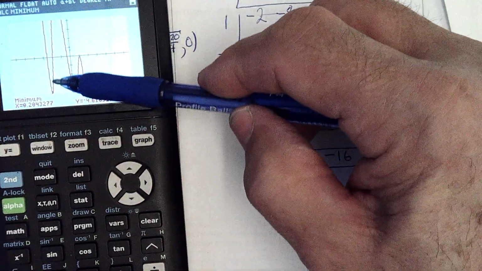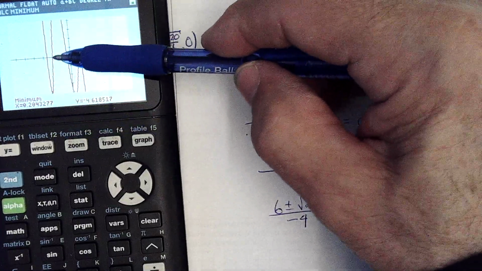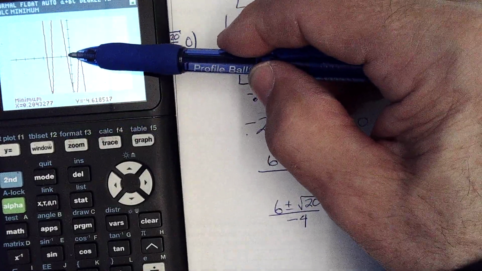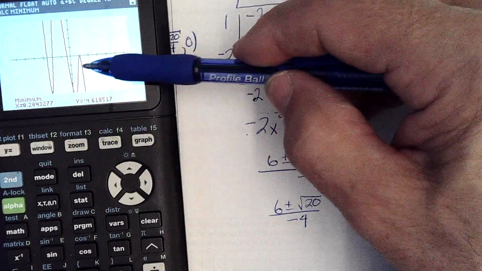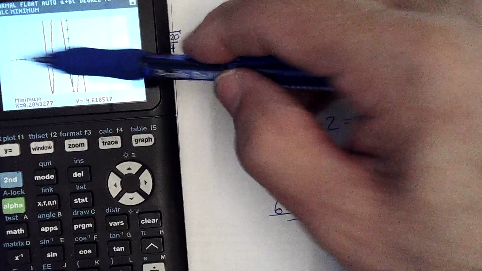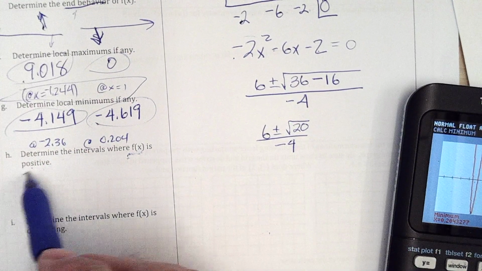And then they go to negative. They're all down below the x-axis. And then they go positive for these x's. Then it goes negative for these x's. And then it's negative for these. And it's 0 at those 3 places. Now, on this, I asked for positive. That means not 0.